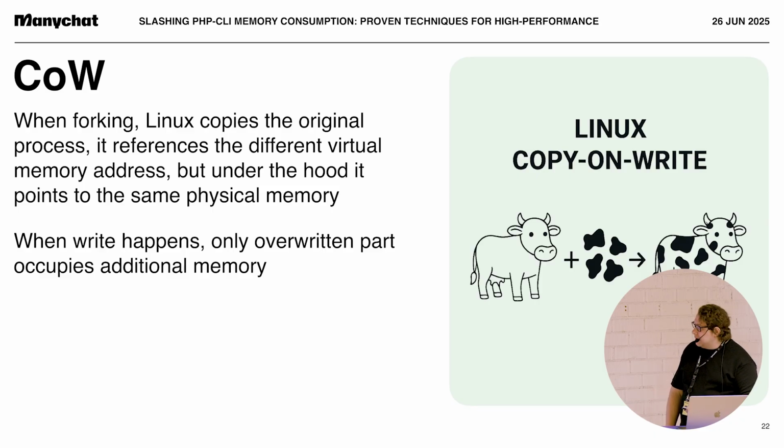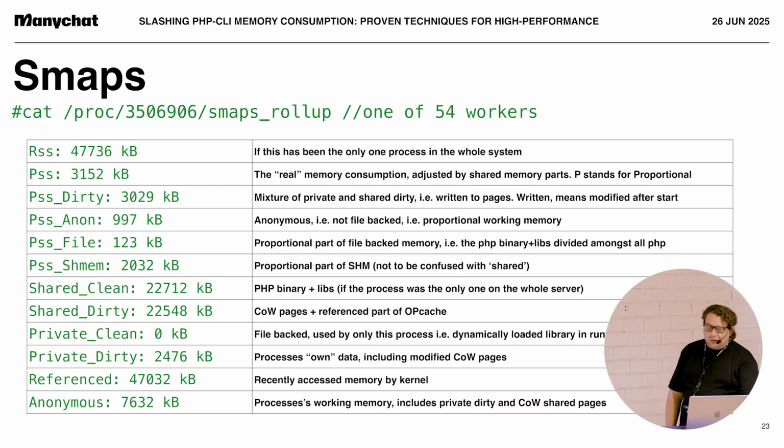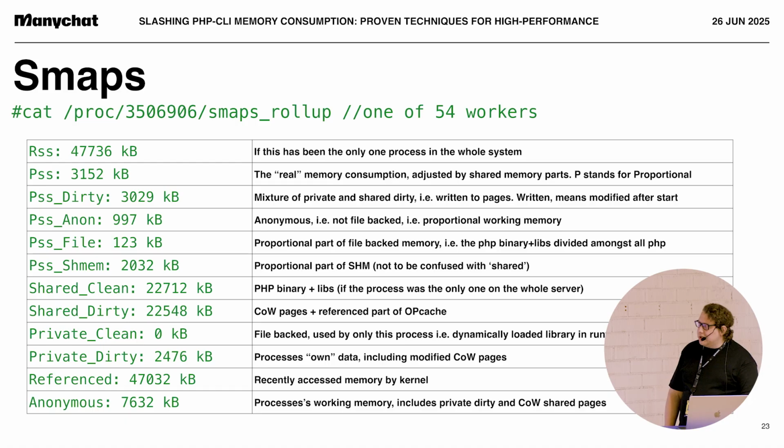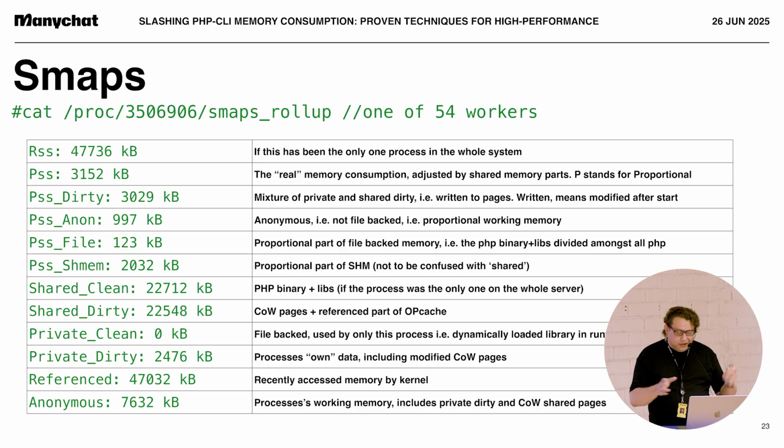And it's more or less easy to find out how much memory we saved. Modern Linux kernels have the special proc file smaps_rollup. It had smaps, but it's insane to analyze it.